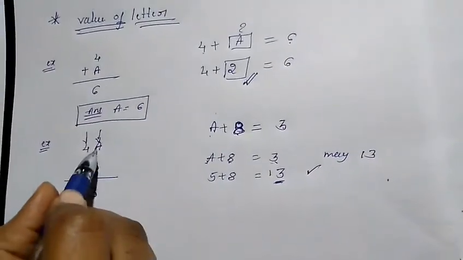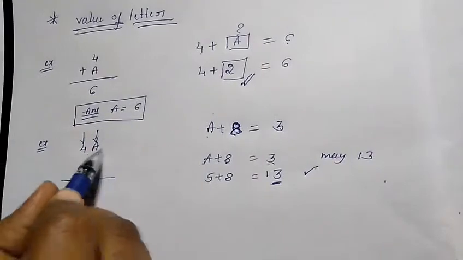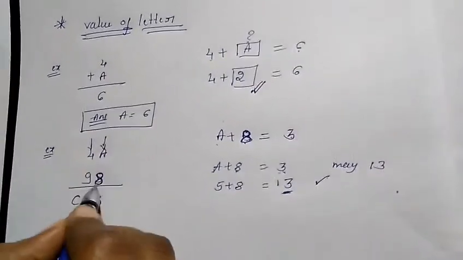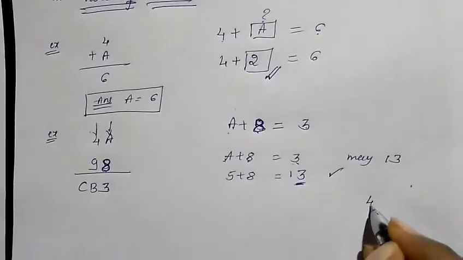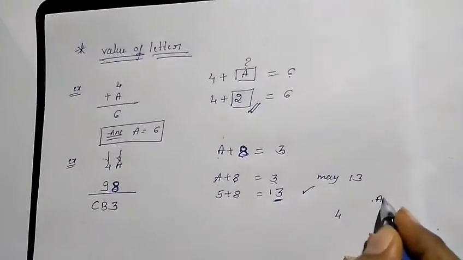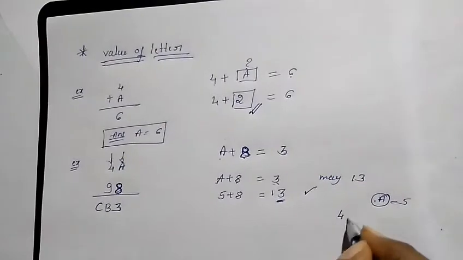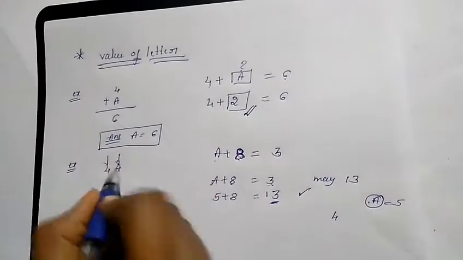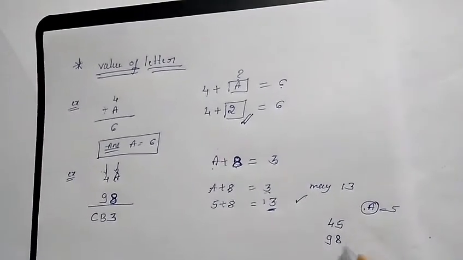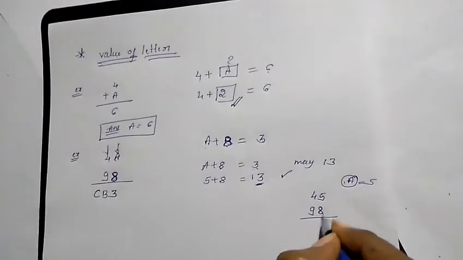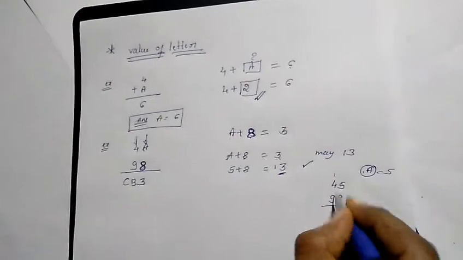If in place of A you keep 5, then what happens? 5 plus 8 is 13, and 1 is the carryover. So we will solve that here. In place of A you are adding 5, so the numbers are 45 and 98. Now calculate: 5 plus 8 is 13, carryover is 1.